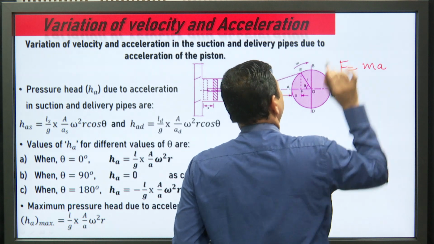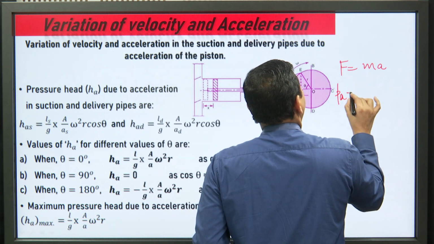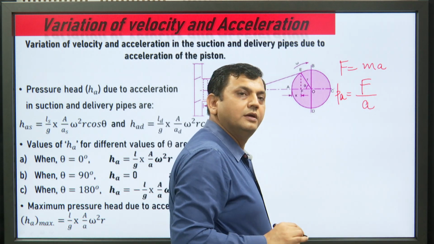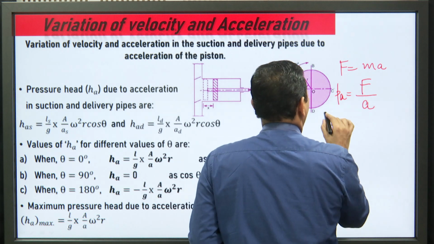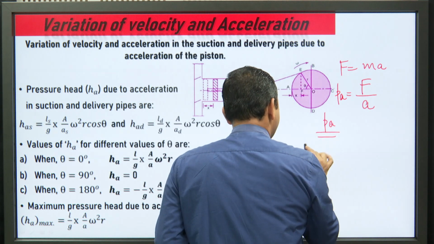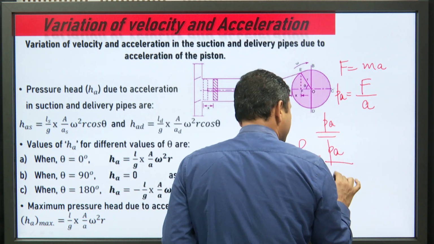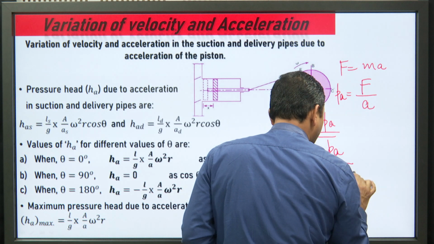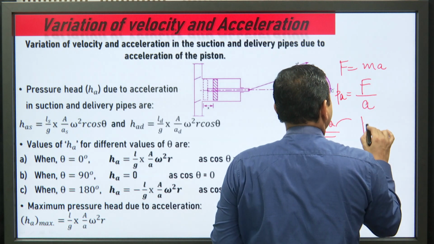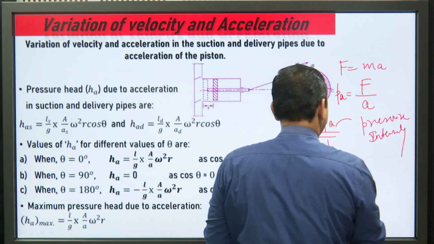By calculating the force, we calculate the pressure intensity P A, which is force upon area. Ultimately our objective is to calculate H A, which is P A upon rho g.